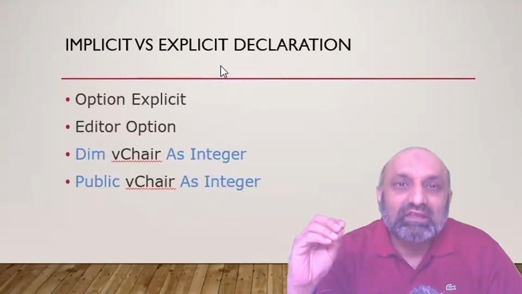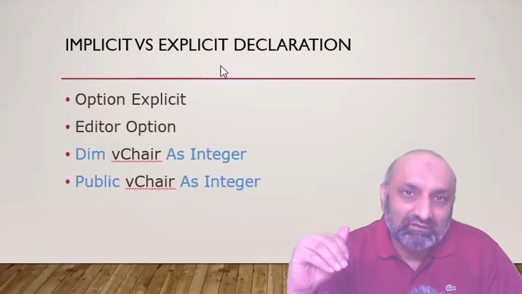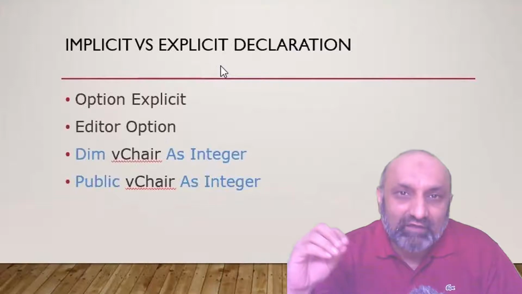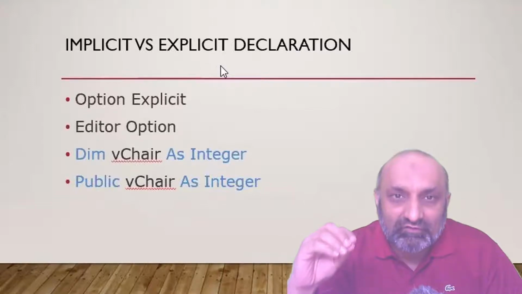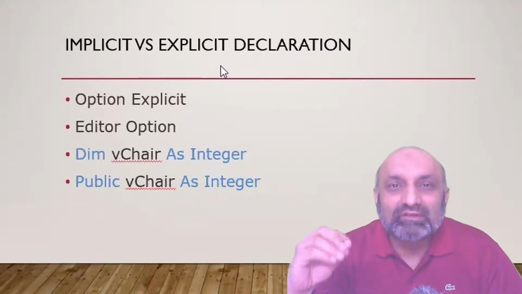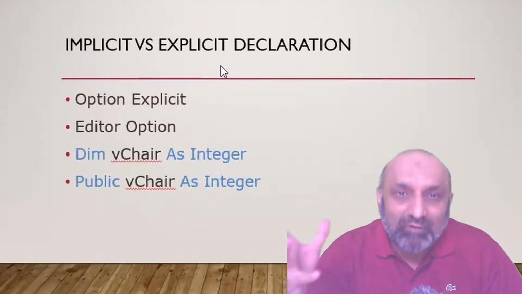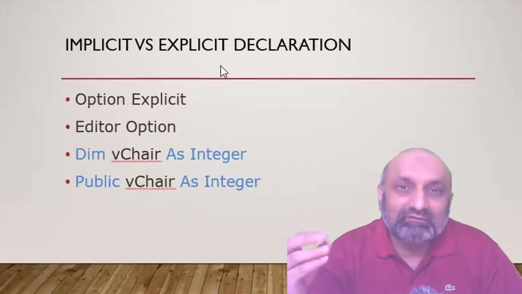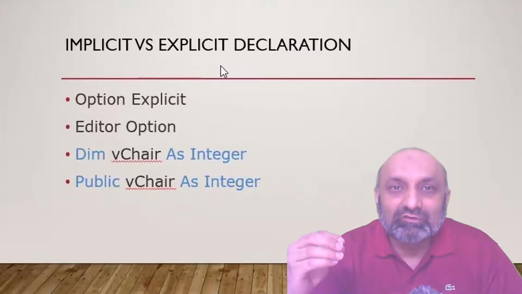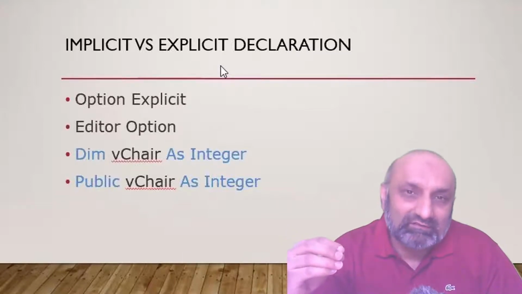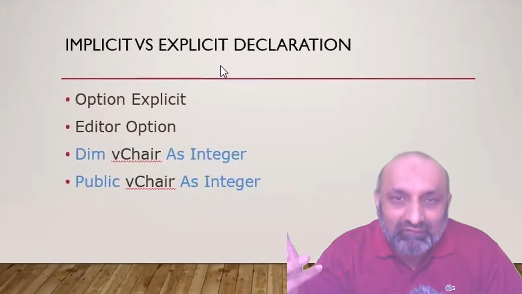So that was implicit. Implicit means that whatever the first value stored in that variable will be the type of that variable. For example, if I say vchair is equal to 2, Excel will understand that vchair is a numeric variable.